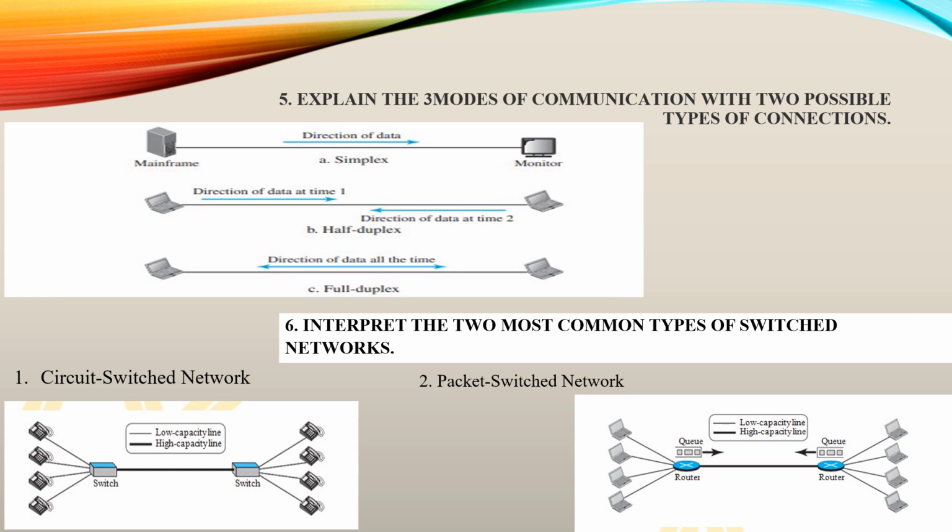Packet switch is where you have a queue at the router side, which is released by the sender in a stack manner and then sent to the receiver. The whole message is broken down into packets and sent from one router to the other router. These are the two most common types of switch network.